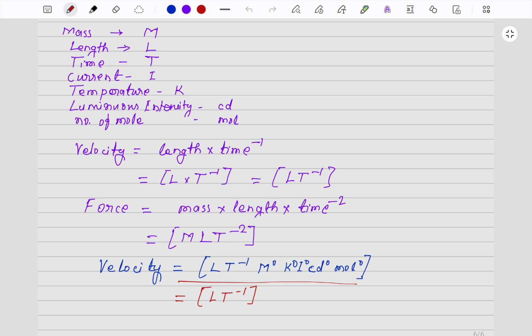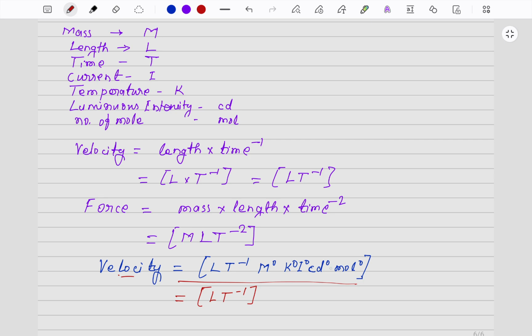Now one may ask: what is the dimension of temperature in velocity? Here we may see that there is no temperature term in the dimension of velocity. So we may write velocity is equal to L T to the power minus 1, M to the power 0, K to the power 0, I to the power 0, C to the power 0, mole to the power 0.